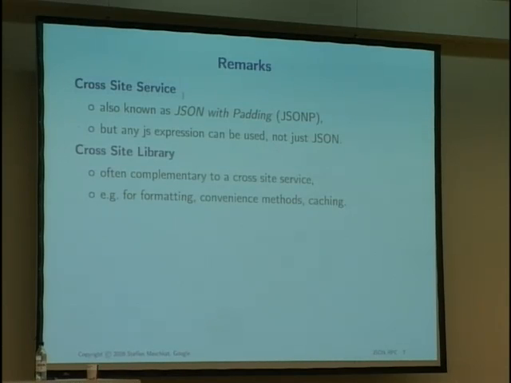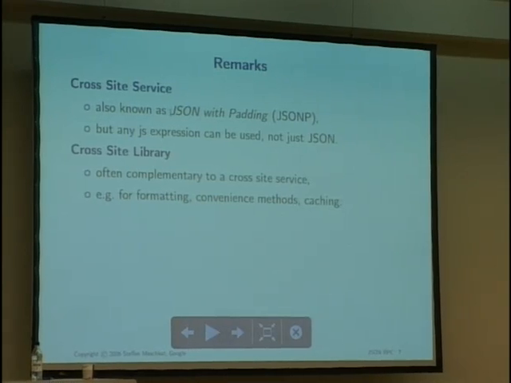Okay, so far for the theory. Now we get to something interesting. Before we get to the example, let me point out that the data structure that is transferred in this way is usually a so-called JSON data structure. JSON means JavaScript Object Notation. But it actually doesn't really matter.